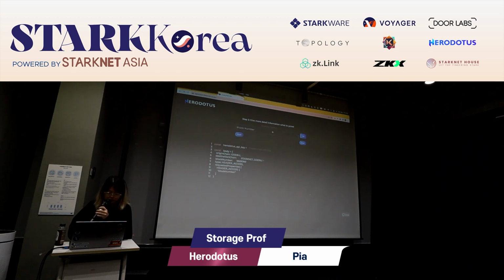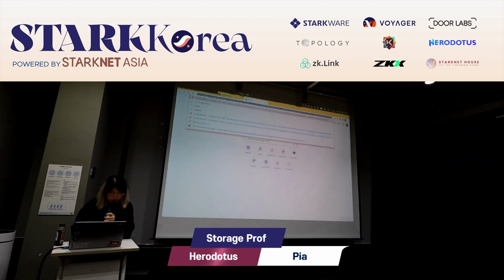Then, if you want to get the response by webhook, you can put your webhook URL and get the response back at your webhook. Or if not, you just need to submit the API key.